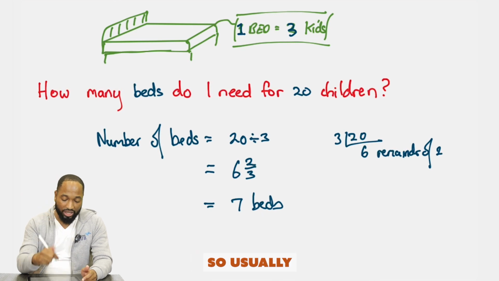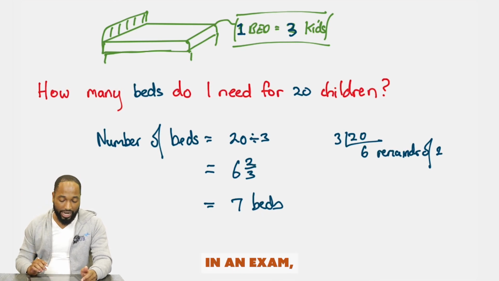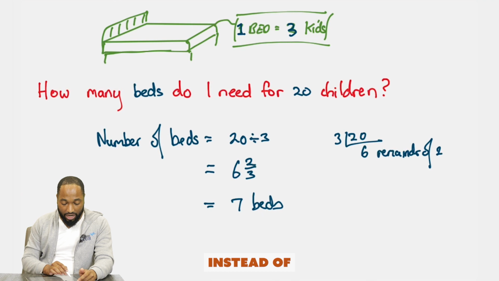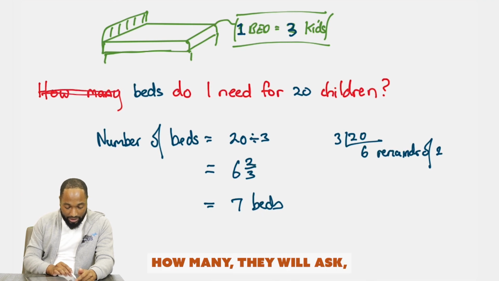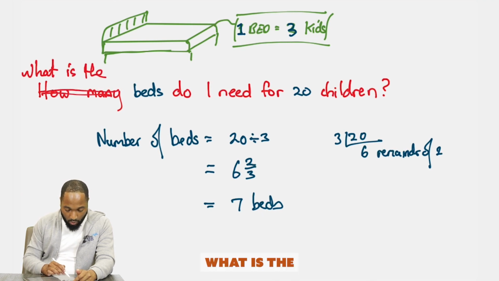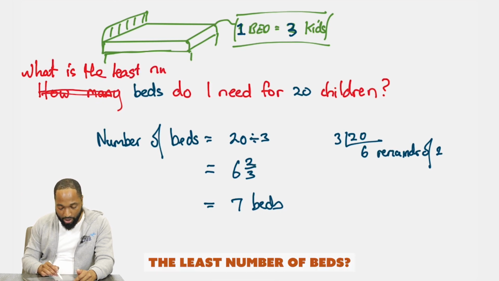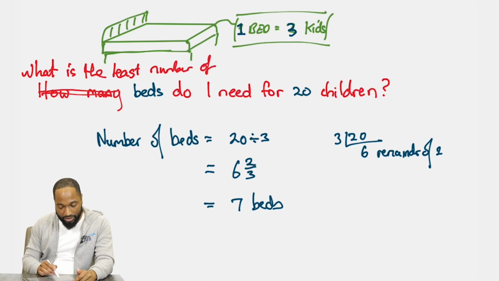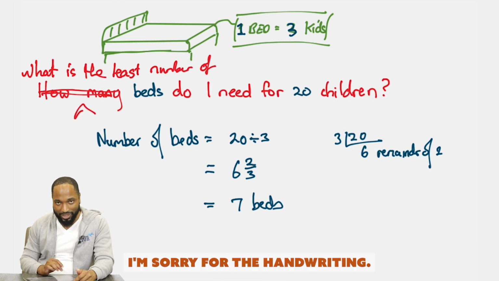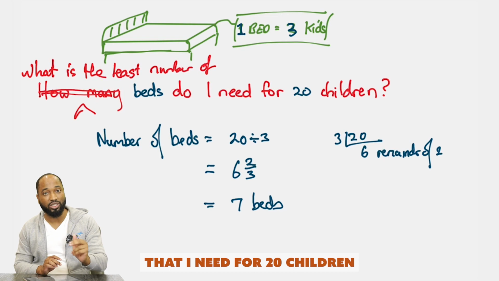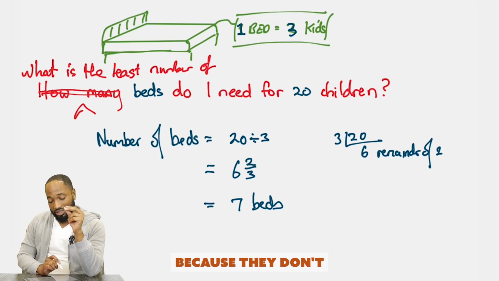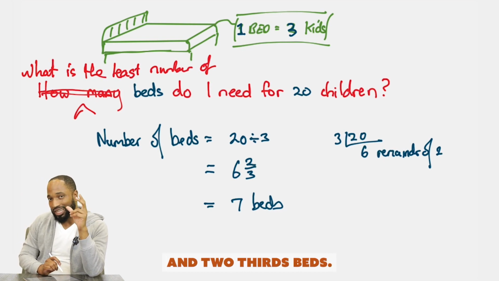So usually, when you see this question in an exam, instead of how many, they will ask, what's that word? L-E-A-S-T. What is the least number of beds? Sorry for the handwriting. Least number of beds do I need for 20 children? Because they don't want you to put 6 2/3 beds.